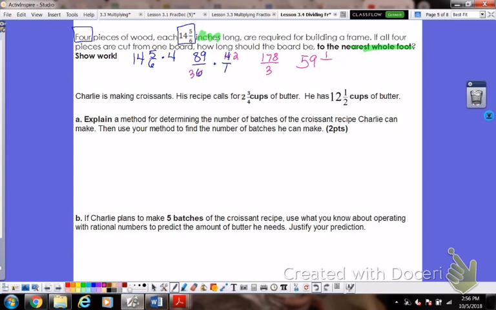Actually, I'm going to go back a couple steps here. 178 thirds. We know that this is inches. So 178 divided by 12. We're going to keep 178 over 3 times 1 over 12. Remember, 12 will be over 1.